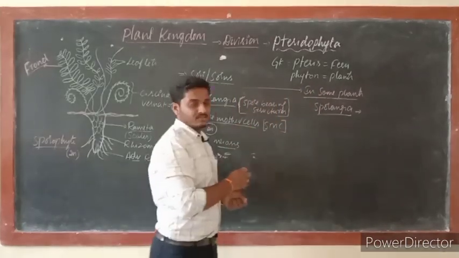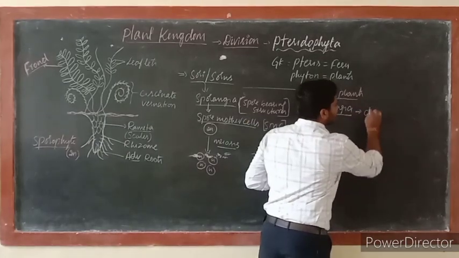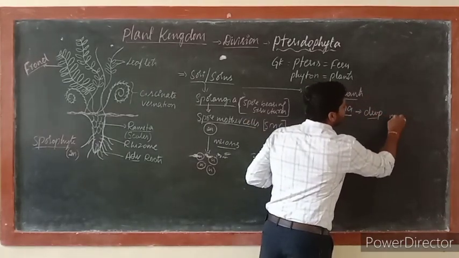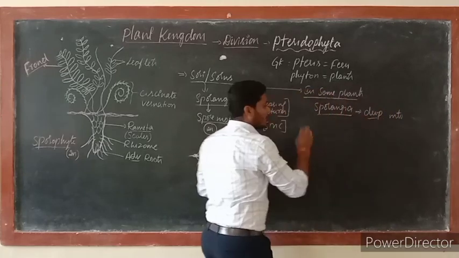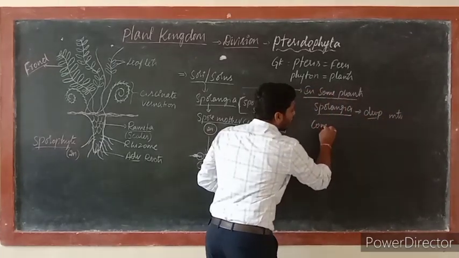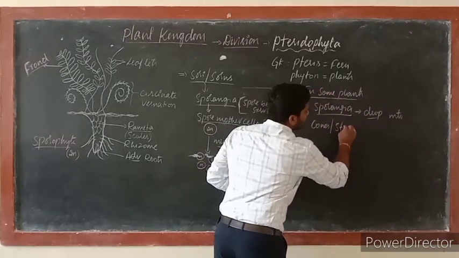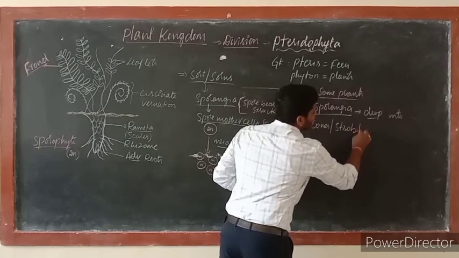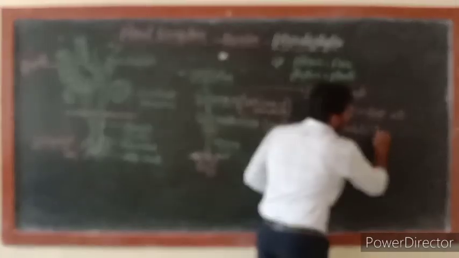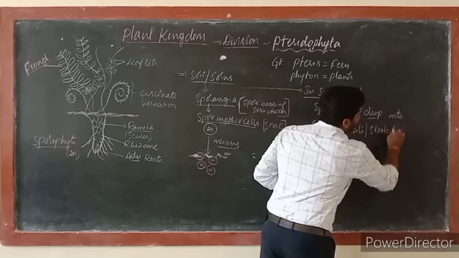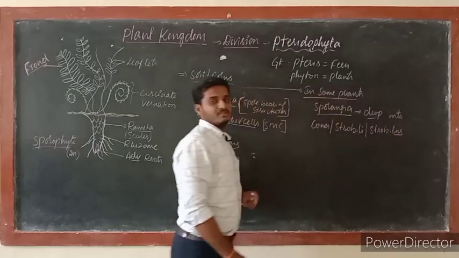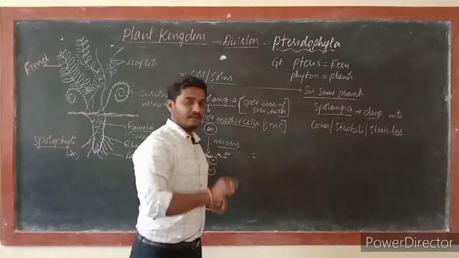The sporangia develop into the compact mass called cones or strobilus. This condition can be seen only in some plants.